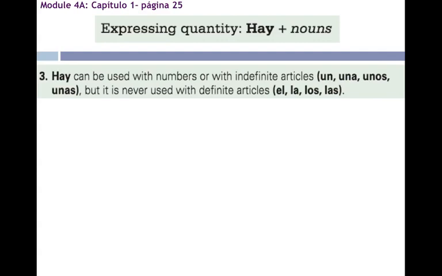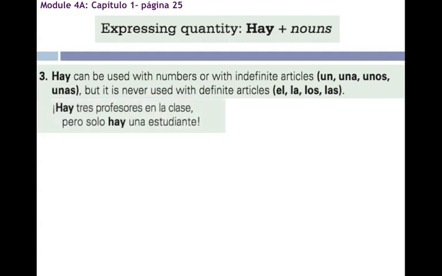Hay can be used with numbers or with indefinite articles, un, una, unos, or unas, but it is never used with the definite articles that mean the, el, la, los, or las. Por ejemplo, hay 3 profesores en la clase, pero solo hay una estudiante. Think about what that means in inglés. ¿Qué significa en inglés?